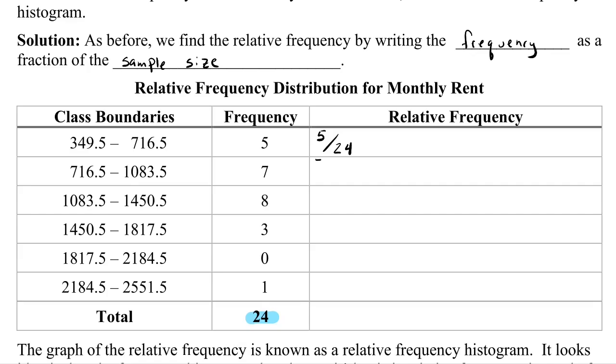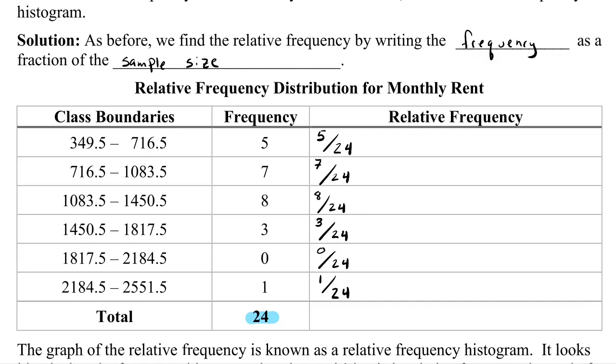Frequency 7, that's 7 out of 24. 8, that's 8 out of 24. 3, that's 3 out of 24. 0 is 0 out of 24. And 1 is 1 out of 24.